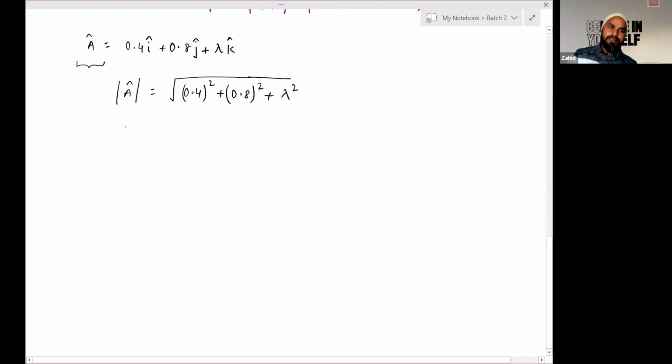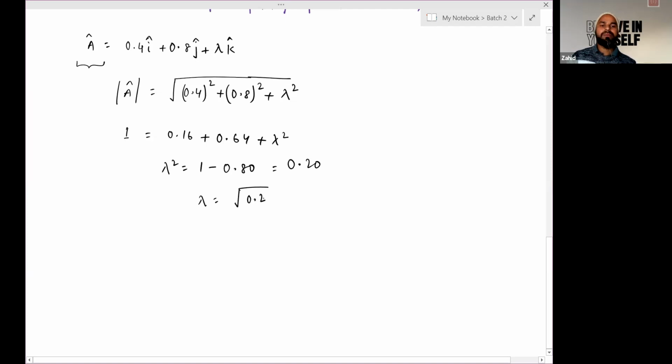And since A is a unit vector, it will have magnitude 1. So on squaring both sides, it will be 0.16 plus 0.64 plus lambda square. So lambda square equals 1 minus these two terms, which combine to give 0.80. So it will be 0.20. So lambda will be root of 0.2.